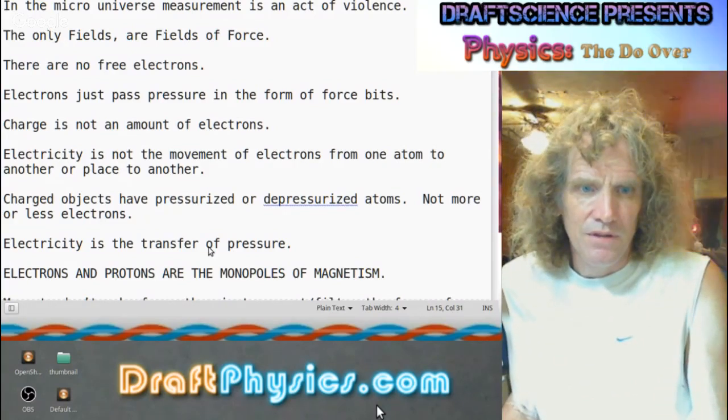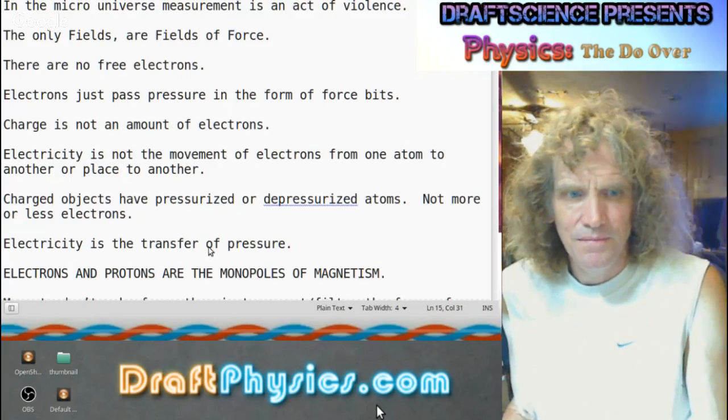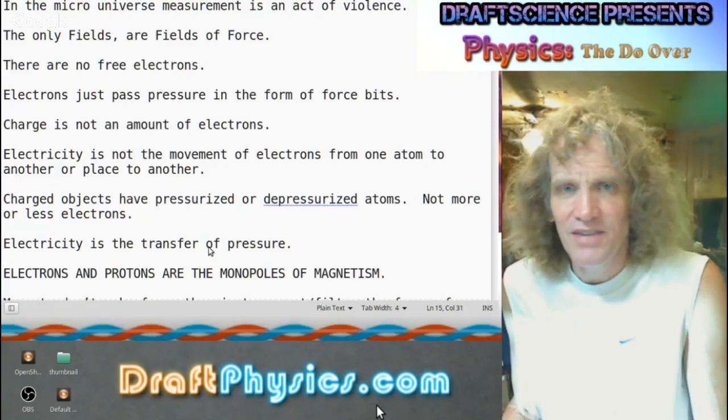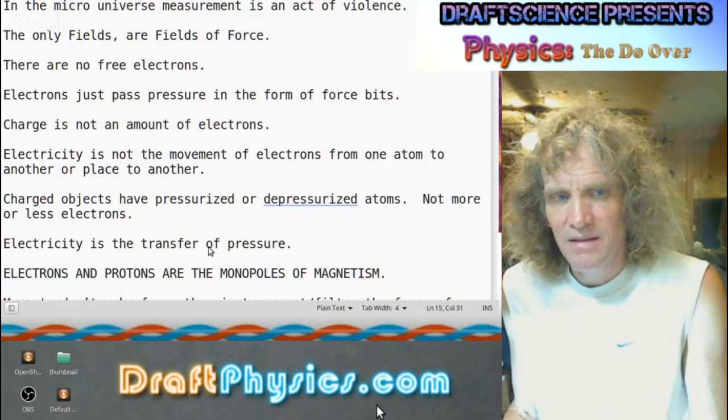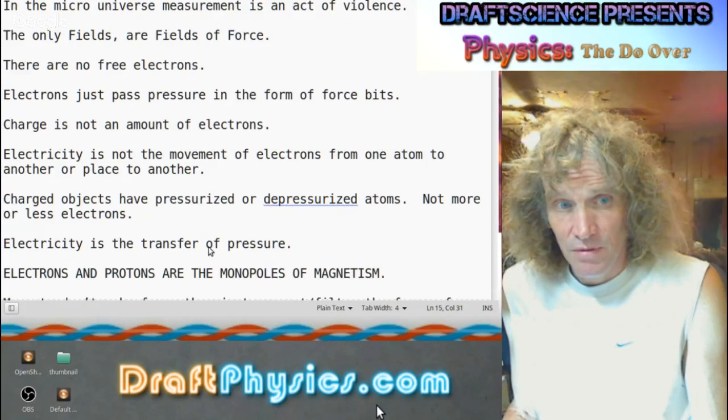Scuffed voltage as potential differential. I don't know. I should just say, how could somebody type that? Scuffed voltage as potential differential.